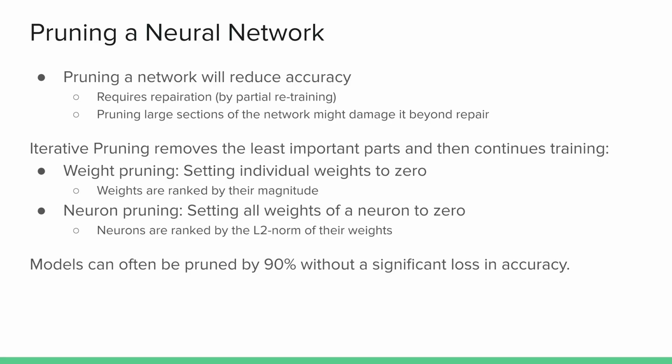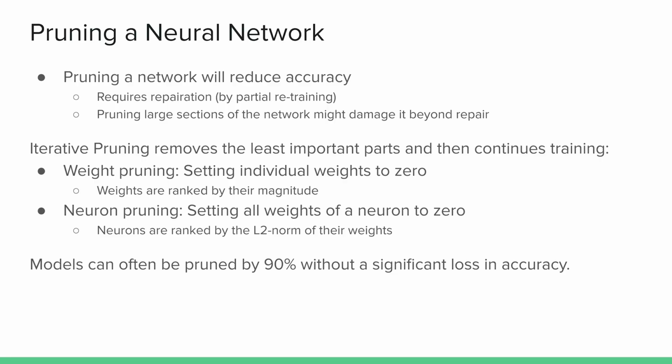How to do this is basically by ranking your weights by their magnitude. If a weight is close to 0 and you multiply it with whatever input it receives, it will not change the value much. So when you rank all your weights by their magnitude, you can just remove the connections that have the lowest weights.